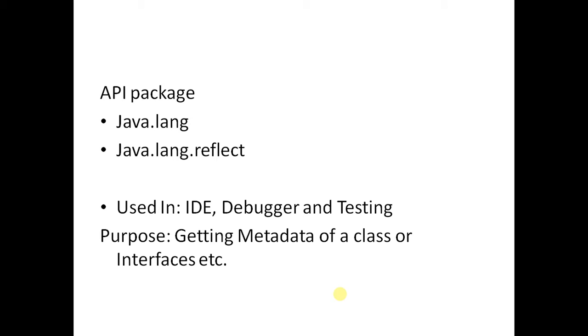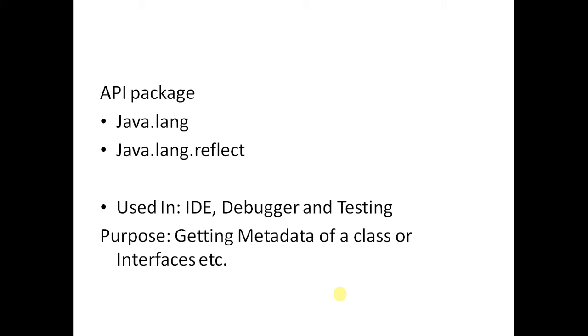Sun SDK provided two different packages which contain the reflection APIs such as classes and interfaces. Those packages are java.lang package and java.lang.reflect package.